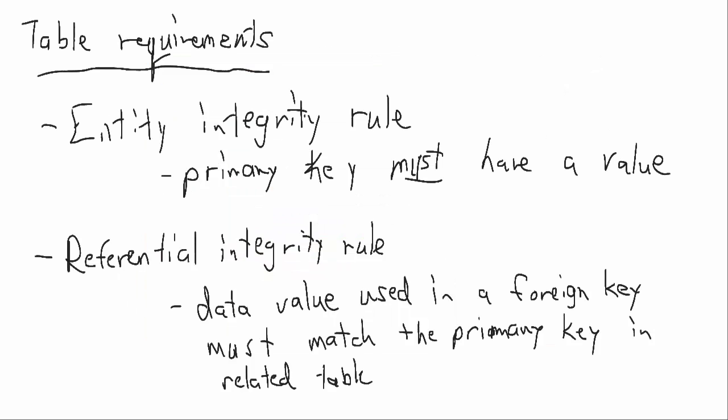Data value used in a foreign key must match the primary key in a related table. Now there's a variation on that that says you can have a foreign key left null to be filled in later. So that's a possibility that you can set up in a database. In practice, for the most part, you're going to see that we want to have that foreign key populated and also linked.